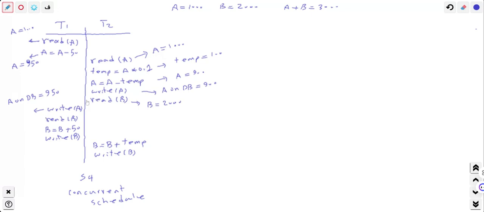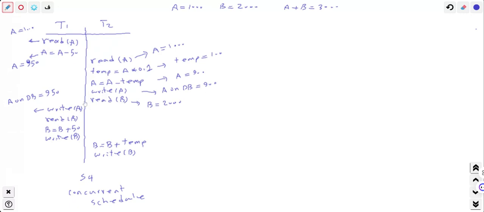Okay, here as you see, T1 and T2 interfere with each other and corrupt the work of each other. T1 writes on DB the value of 950 without noting that T2 has written the value of 900 on the database.